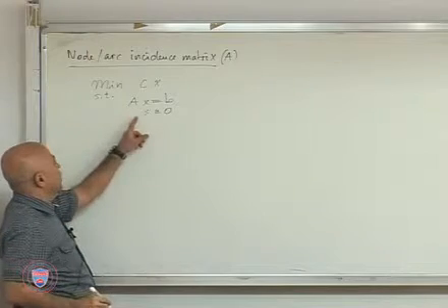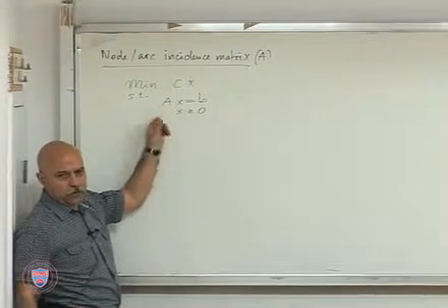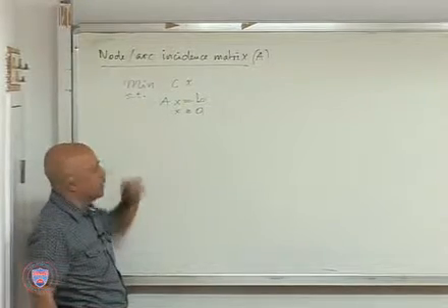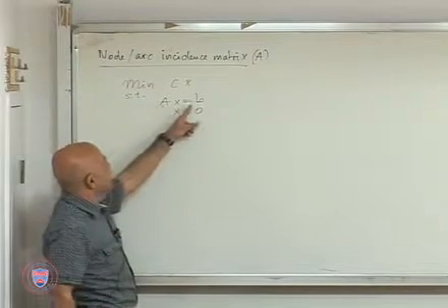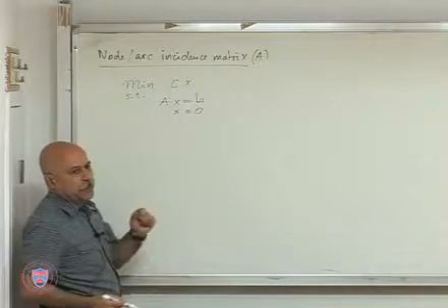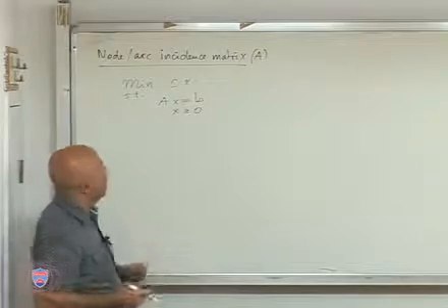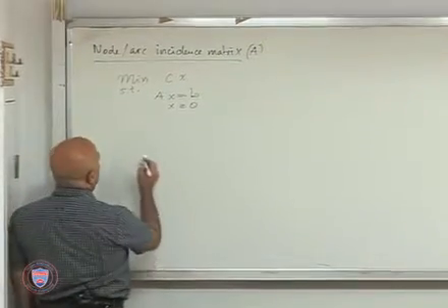In the more general case, X will be greater than or equal to L, less than or equal to U, but this is the more specific case. AX equals B refers to the node arc incidence matrix of a given network. So we're going to define that and see what happens.